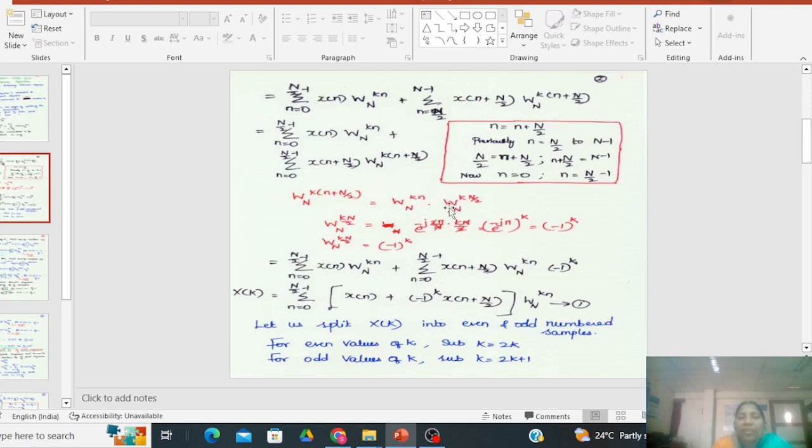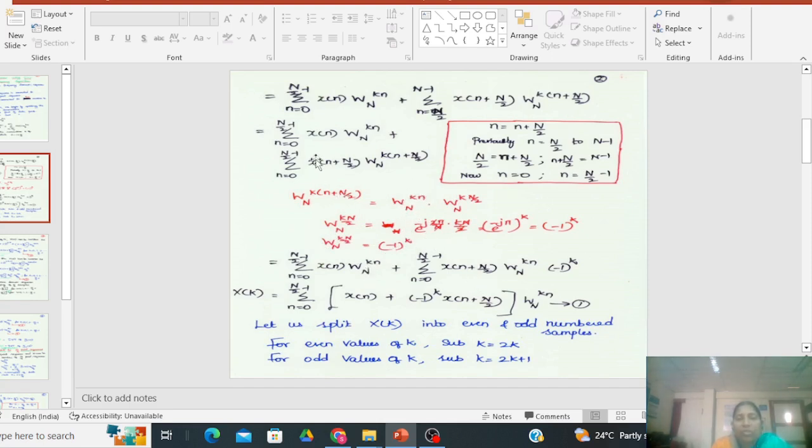When you simplify this term, W_N is nothing but e power minus j 2 pi by N, into kN by 2. When you simplify, we get minus 1 whole power k. So W_N power kN by 2 becomes minus 1 whole power k. This W_N power kn remains as such.